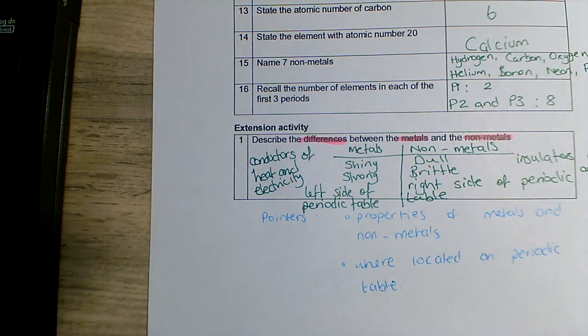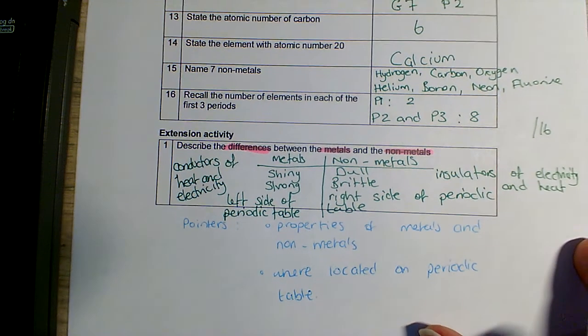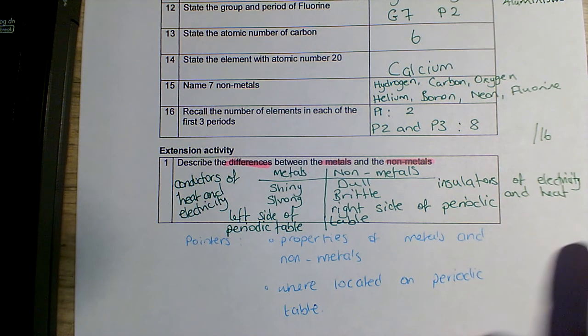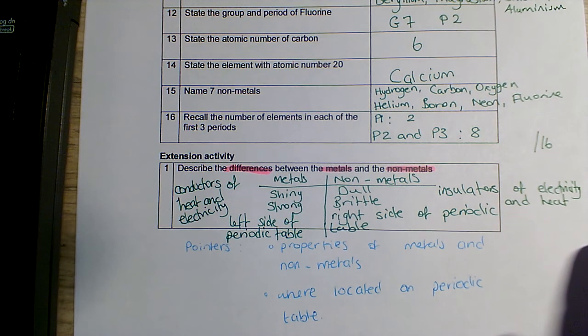So it's just writing down those properties that we've learned during this lesson about the differences between metals and non-metals. And that brings us to the end of lesson 2.